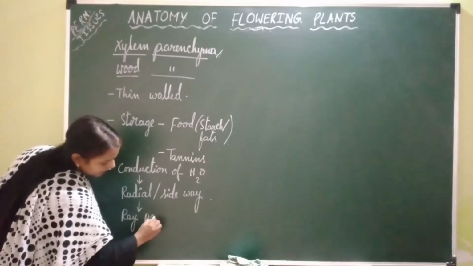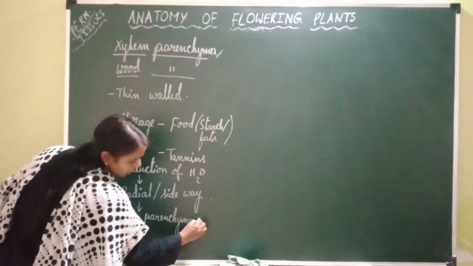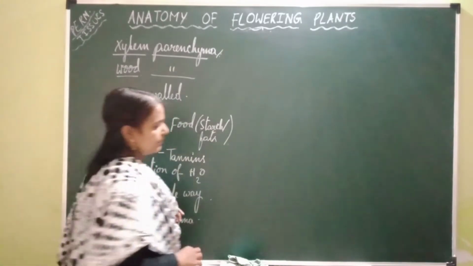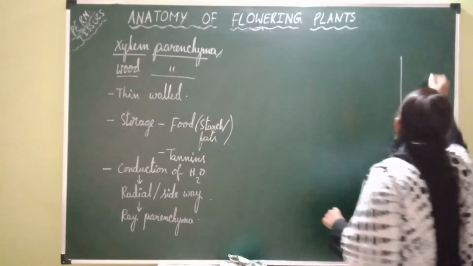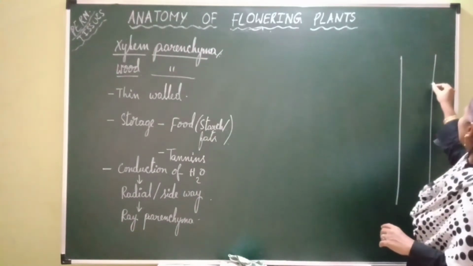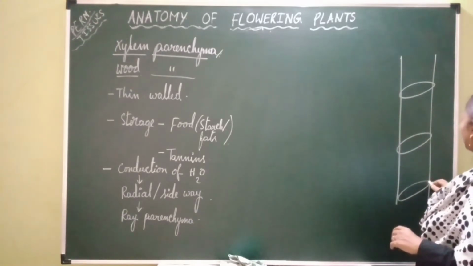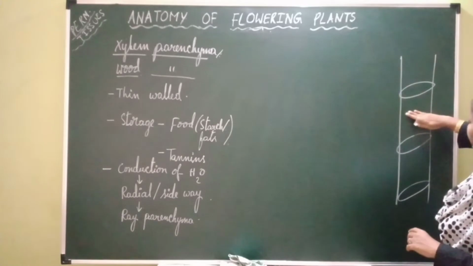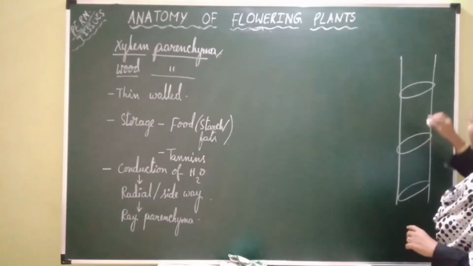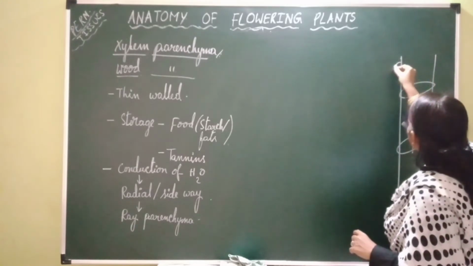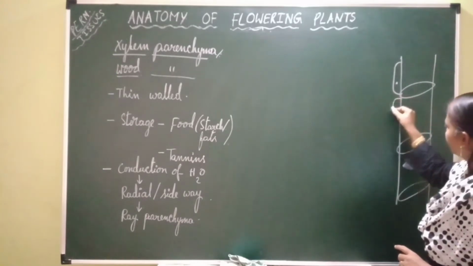Now this xylem parenchyma is of two types on the basis of its association with xylem vessels. Let's say this is the vessel formed by vessel members, that is vessel elements. This is one vessel element, this is another one, this is another one. Like this the xylem vessel is formed, and with this xylem vessel, parenchyma cells are associated like this.